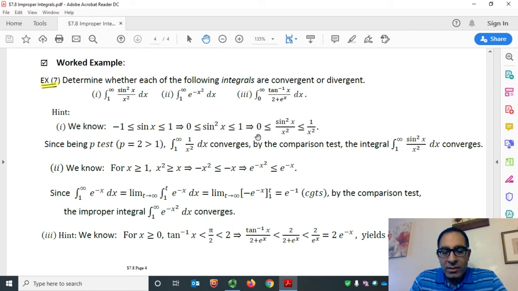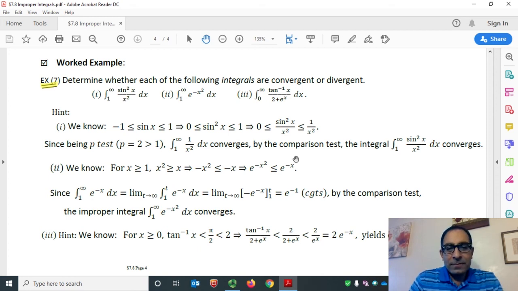So then 0 over x square is less than or equal to sin square x over x square, which is less than or equal to 1 over x square. I think this type of inequality we worked with in Calc 1, the squeeze theorem, right? Yeah.